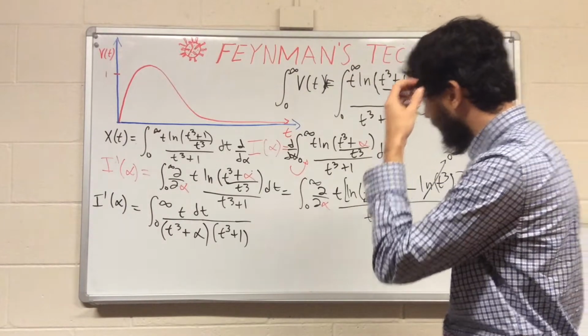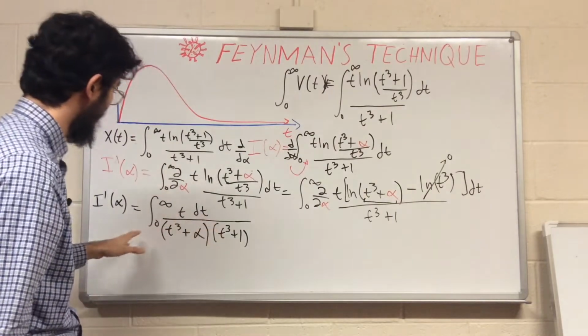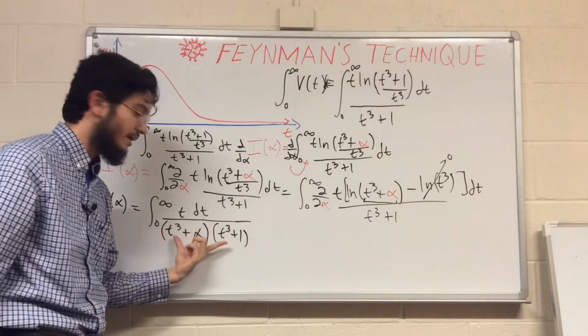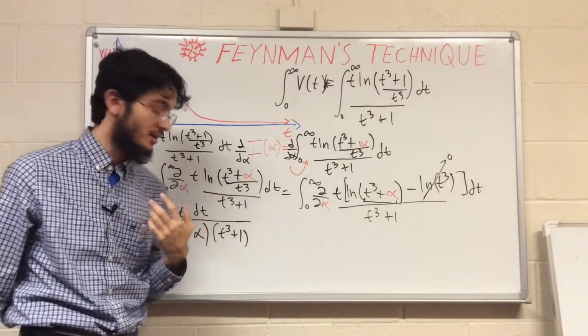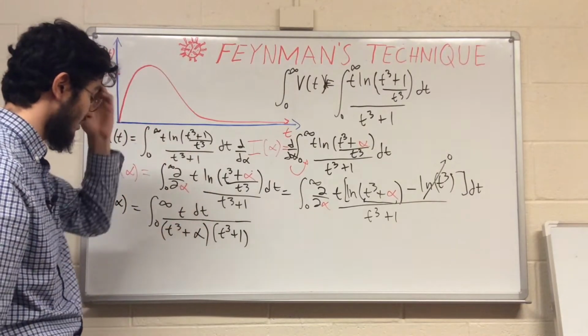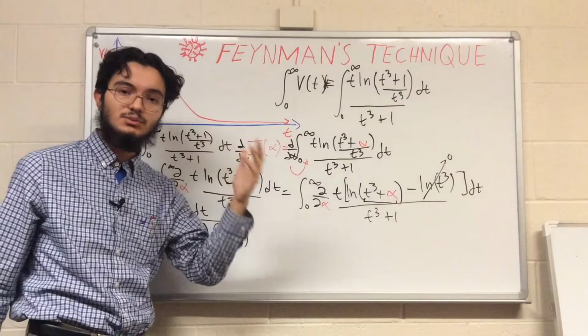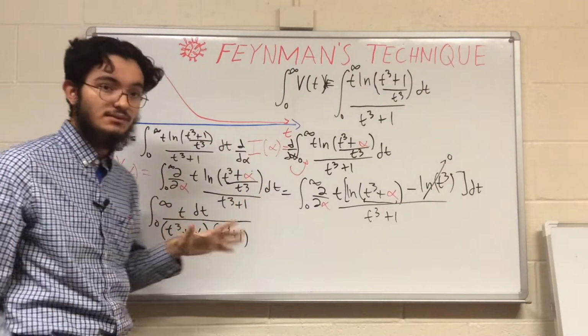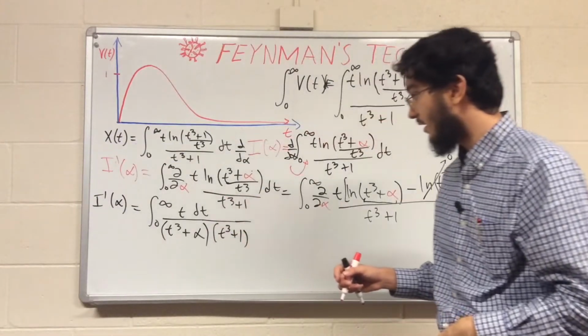Now from this, we try to integrate this in terms of t. We're going back to the t world in such a way that we can go back to I, but in a much smoother way, and we're going to have some algebraic expression in terms of alpha and t.